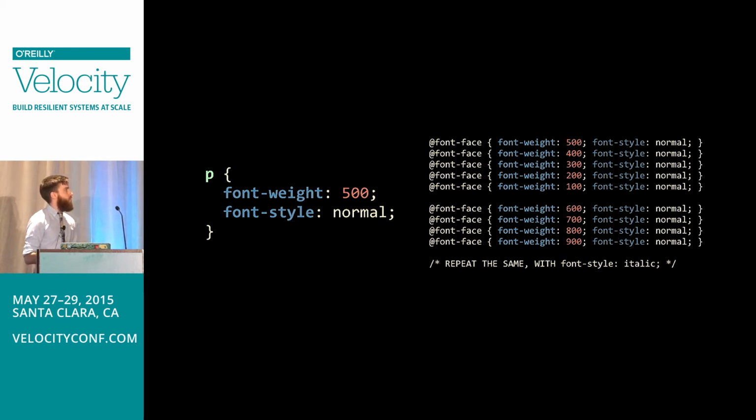The matching algorithm will actually look for a font face with an exact match first. If it doesn't find one, since we're on the lower end of the font weights, it will actually go through 500, 400, 300, 200, 100. The first one it finds is the one it's going to use. If it doesn't find one in that range, it'll loop back up, look for 600, 700, 800, 900. Again, it will use the first one it finds.